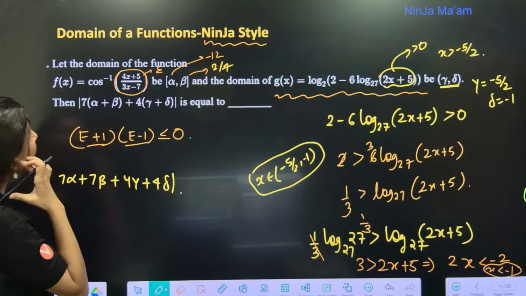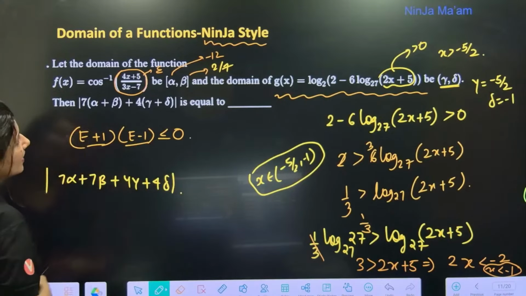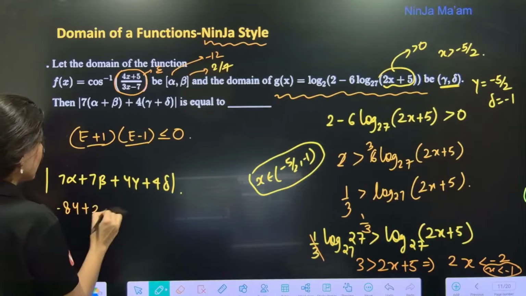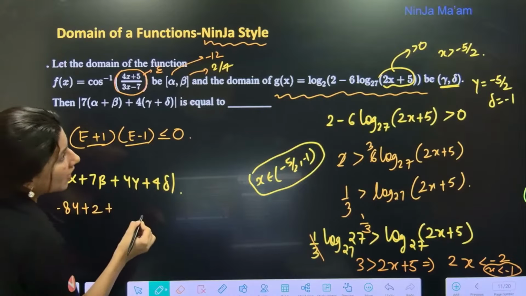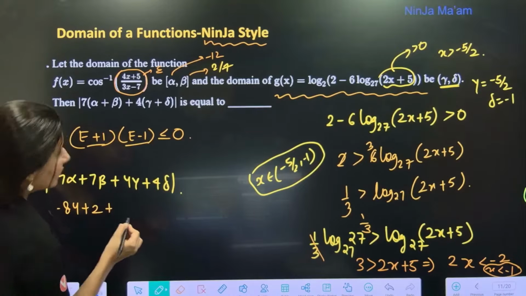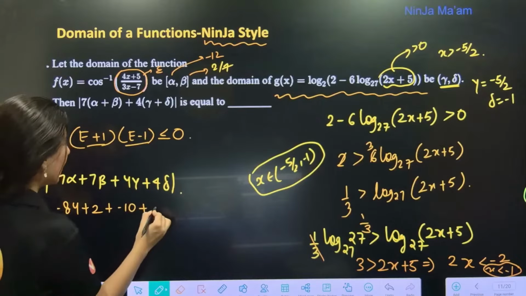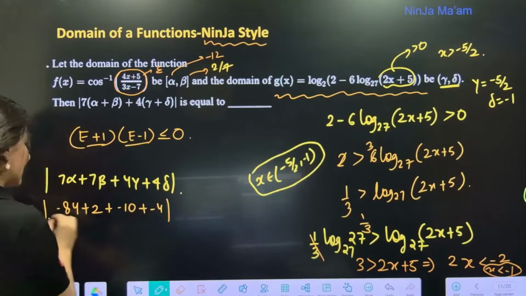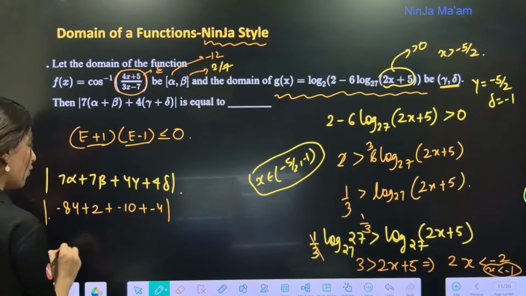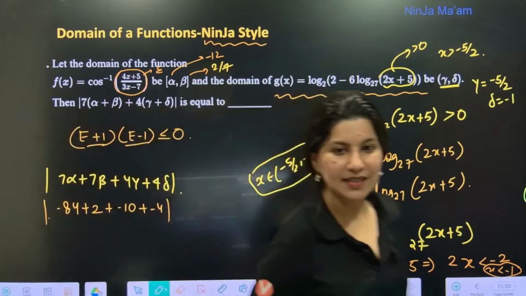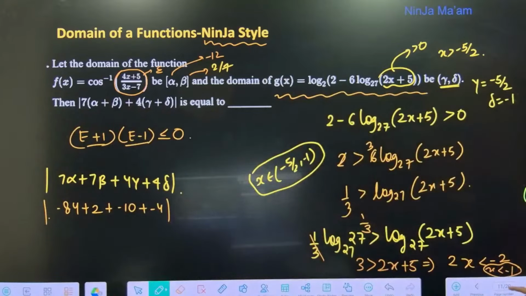So 7 alpha is minus 84. 7 beta is 2. What is gamma, everybody? So 4 gamma is minus 10 and 4 delta is minus 4. Modulus is there. So minus 84 and minus 14. Can anybody tell me what's the answer? You can do the calculation from here.